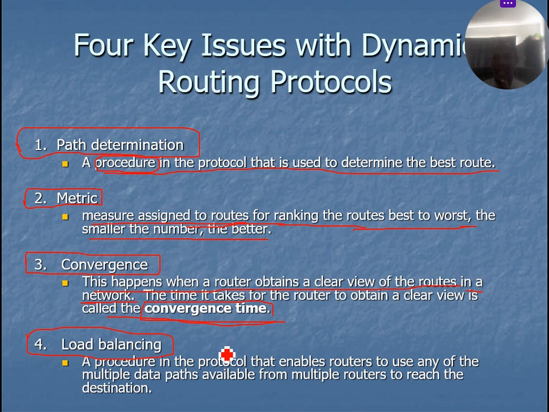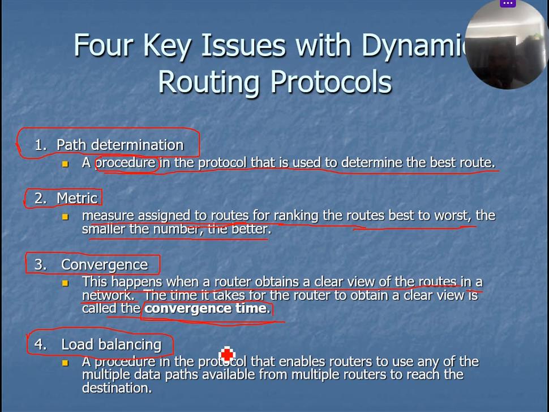Any dynamic routing protocol that should be in wide use should have the ability to balance load, not have super congested traffic on some routes while other routes are free, with nothing passing through them.